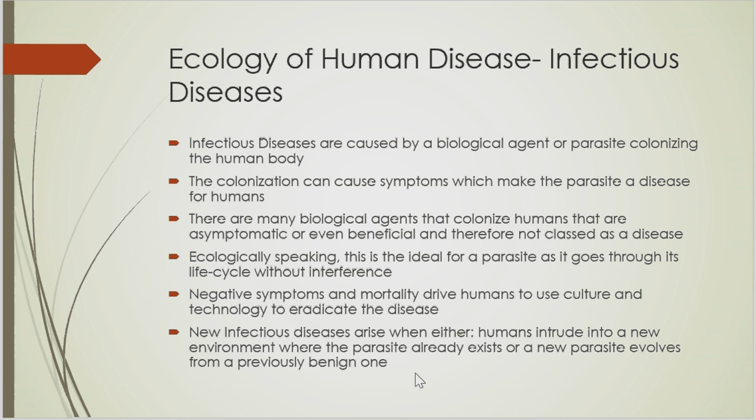And because it wasn't adapted to the human host, it was quite virulent. So people began dying from COVID-19. A similar story can be told for HIV/AIDS and also for Ebola as well.